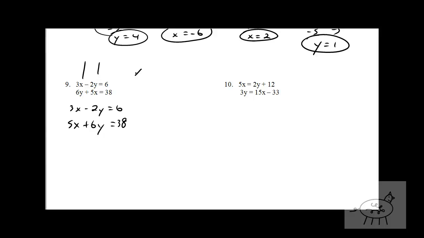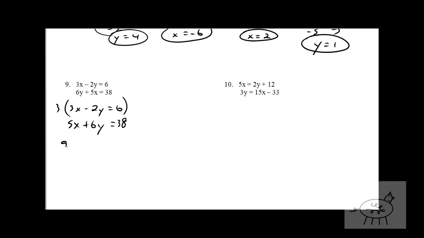It's like saying x plus 3. Well, I can say 3 plus x. I don't have to subtract and move things over. I can just swap the location. All right. So once I have that, now what do we want to eliminate? Well, I'm going to eliminate the y. So you're going to multiply this by 3, because that one needs to be negative 6x and the other one needs to be positive 6x.